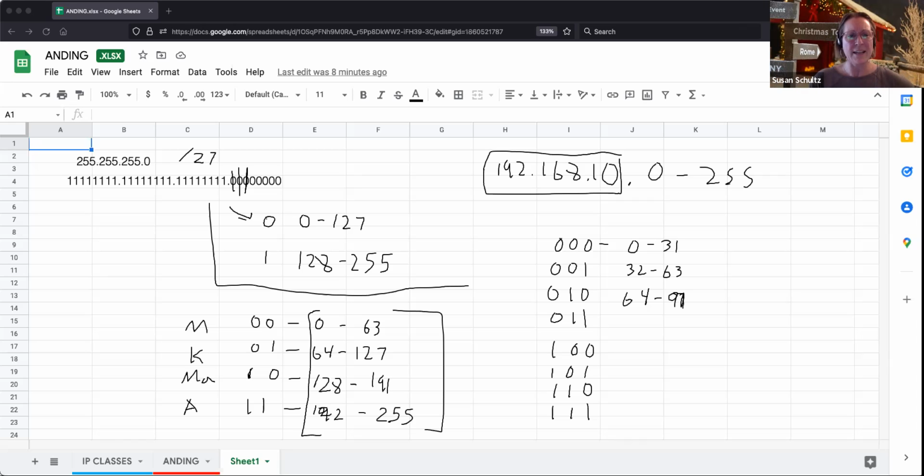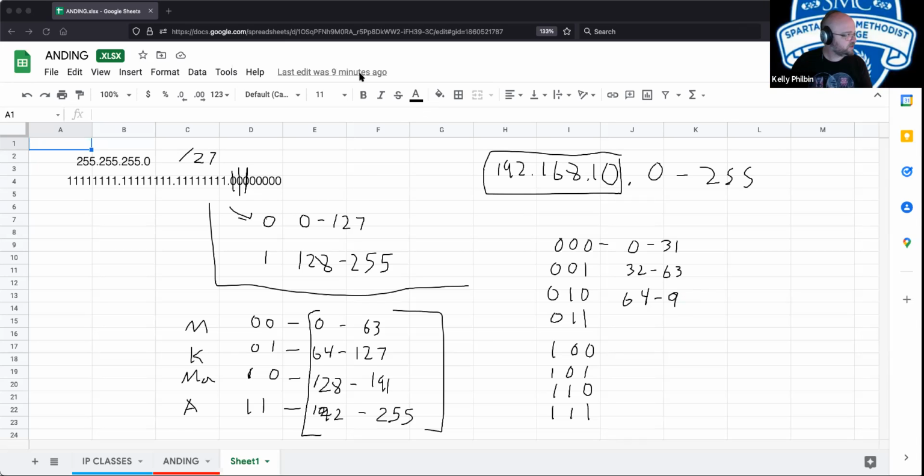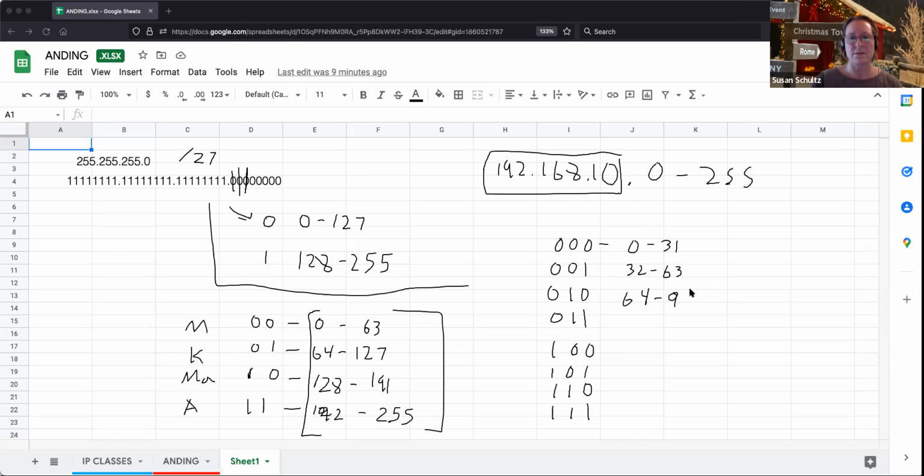So as you turn the bits on, your ranges increase by 8ths, then 16ths, then 32nds, and so on. That's kind of what we're doing here. Makes sense a little bit?